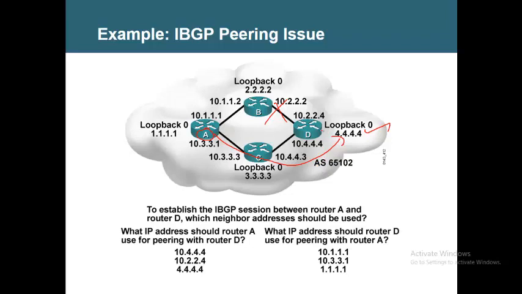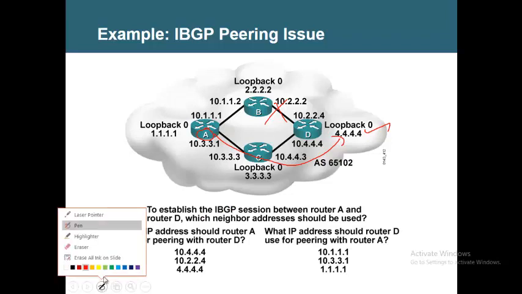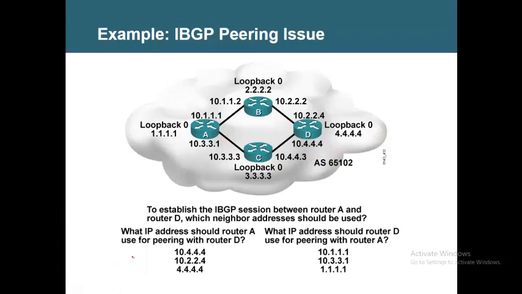So it is always available, right? So what we are talking about here is that the loopback interface address is the best option. You don't need to type two addresses as a neighbor, and there won't be a duplication either. If you have only one address as a neighbor address, only one set of updates will be sent.